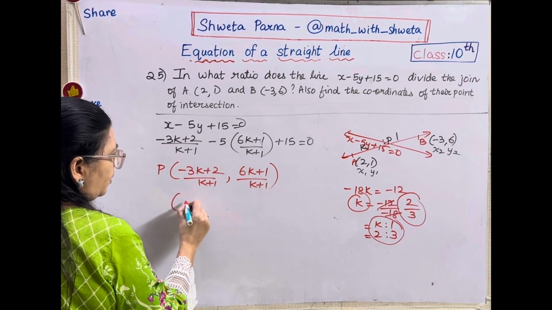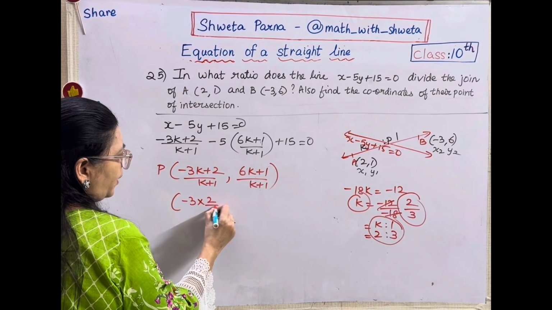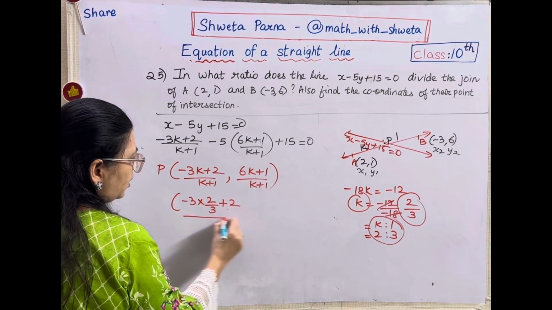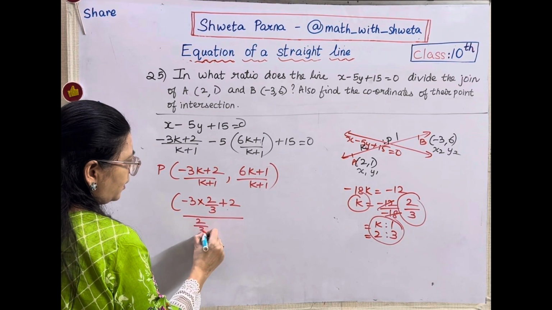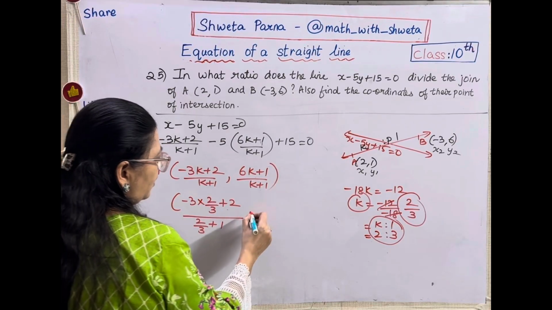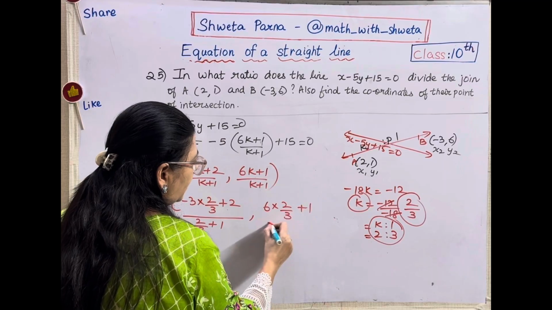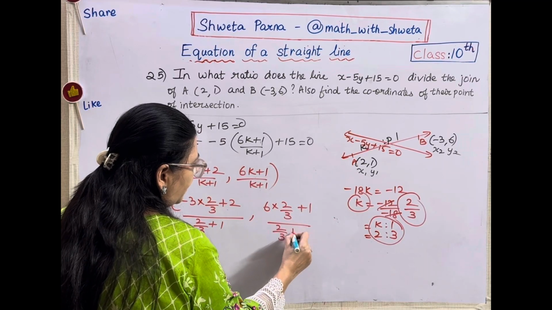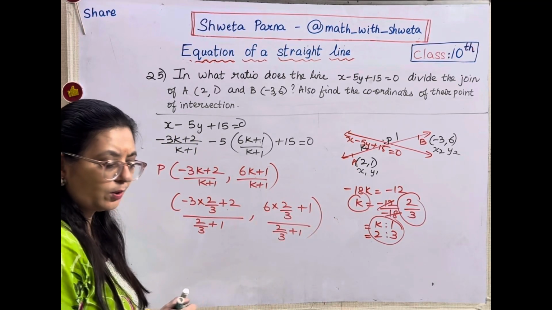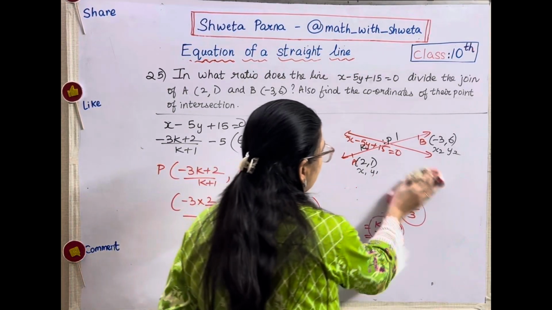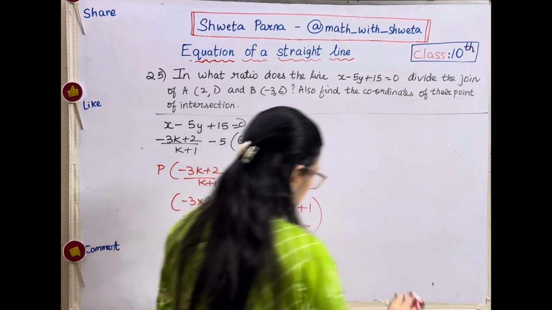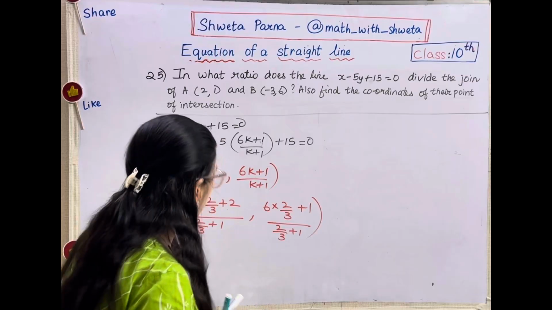So this will become minus 3 into 2 by 3 plus 2, the whole upon 2 by 3 plus 1. Here this would be 6 into 2 by 3 plus 1 upon 2 by 3 plus 1. Okay. Now solve this.